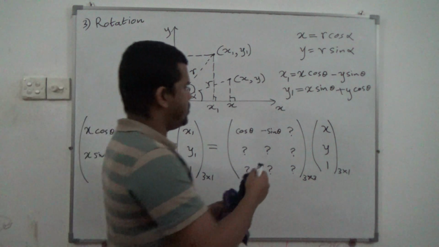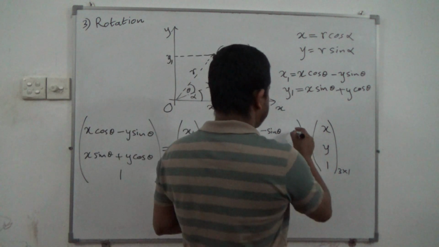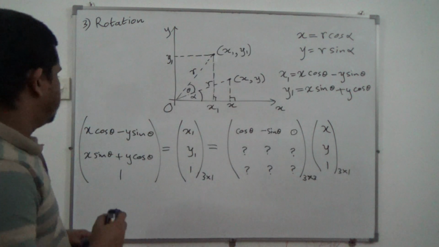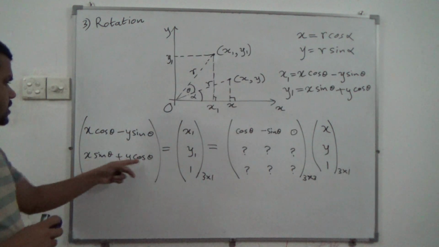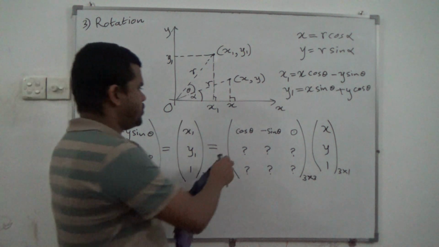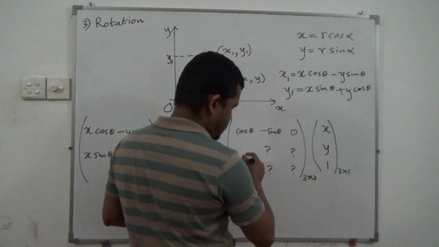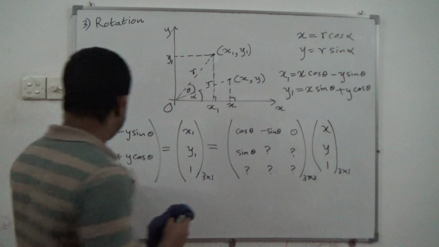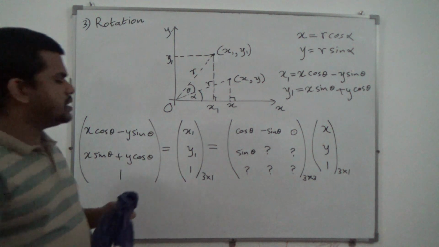That's all, therefore the last term must be 0. In order to get x sin theta plus y cos theta, here it should be sin theta and here cos theta.